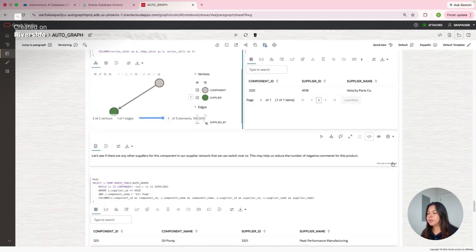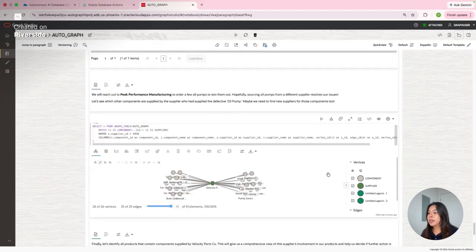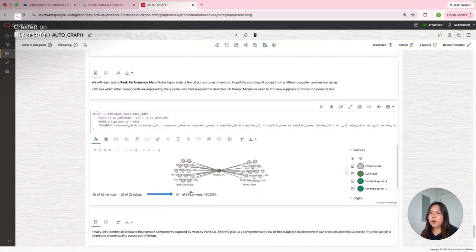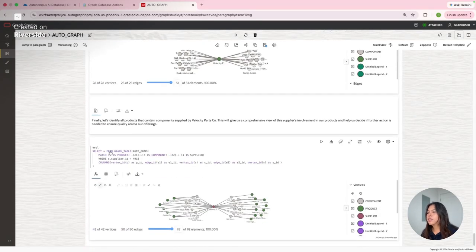Velocity parts. And then as a manufacturer, maybe I'm interested in seeing what other components are supplied by this supplier, right? And see whether these other components are having issues and whether I have to change my supplier. So basically with graphs, we're able to do that really quick, right?